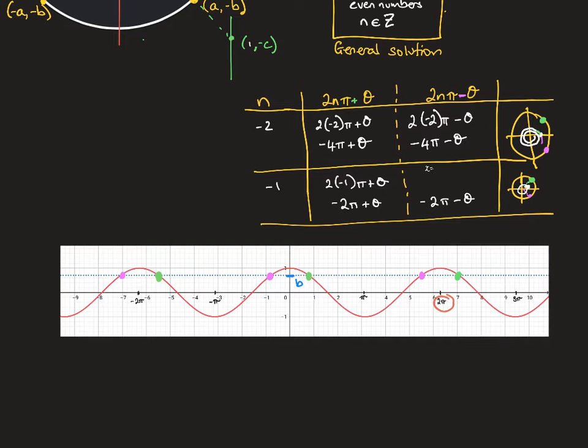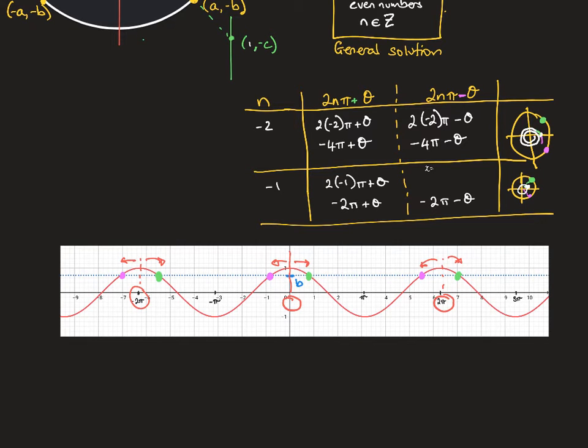So 2 pi, 0 times 2 pi, you can see that there's plus theta and minus theta. At minus 2 pi, you can see that there's plus theta and minus theta. So you can see the pattern that it's generating the solutions for.